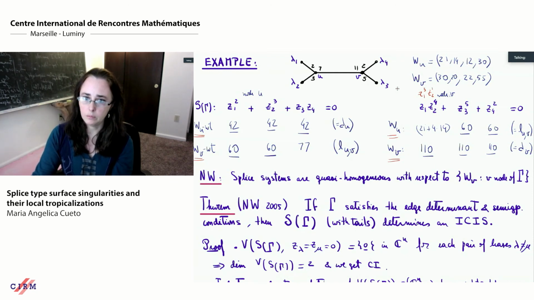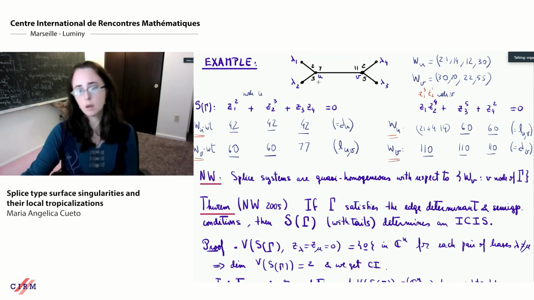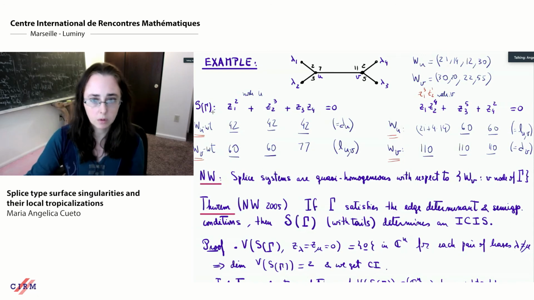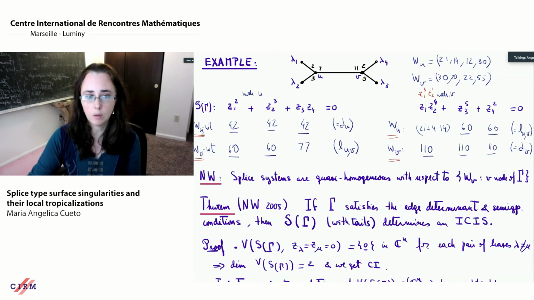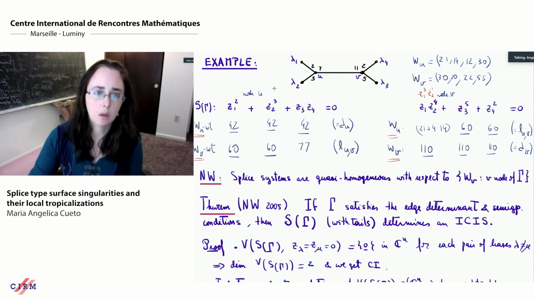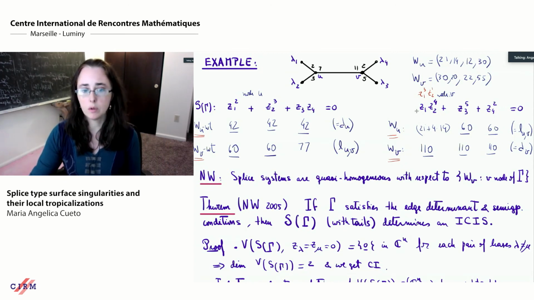Yeah, and just one more comment: the weights in this equation are the same as the weights in the other equation. So is this a special weight that you can always take, or is this just? Yeah, the weights really come from the splice diagram. So here our system had 2 equations, and I was just trying to show you what happens with the weights if you look at each one of the equations of your system.